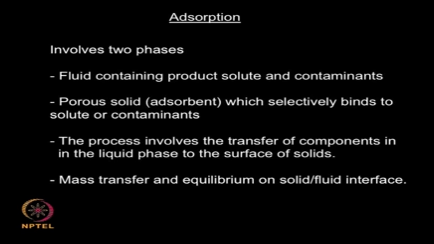So depending upon the concentration of solute in my slurry and how much of solute I want to remove from the slurry before I resort to filtration, I will decide on the quantity of the adsorbent, understand, and depending upon the mass transfer I will determine how long I will perform the adsorption process.